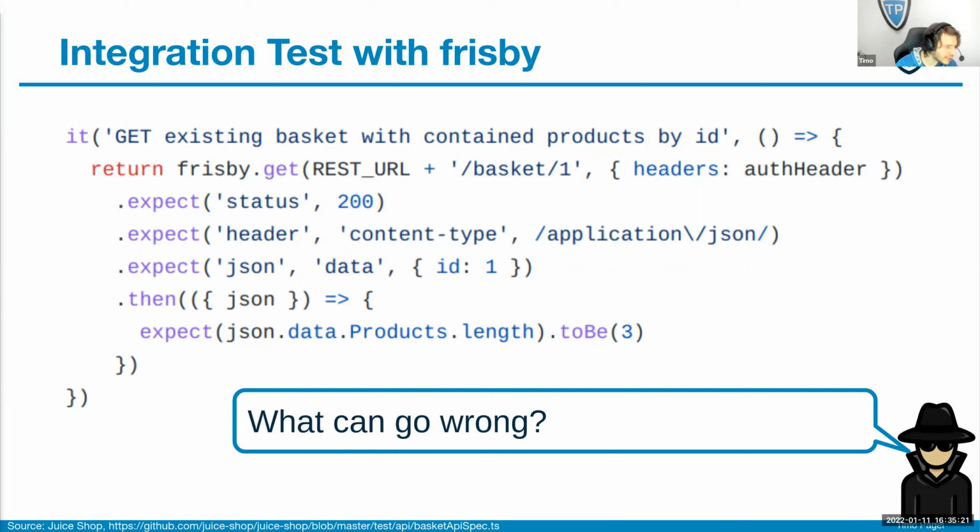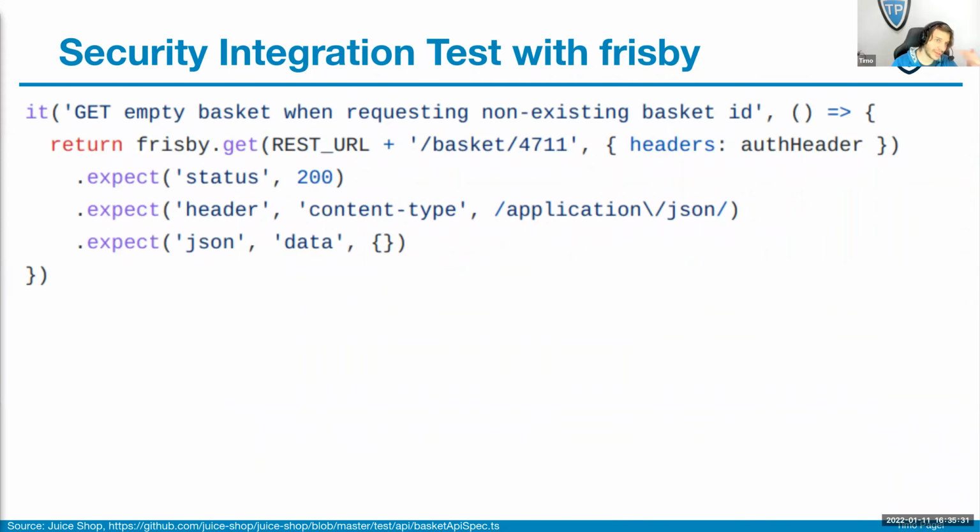Louis says trying to see the basket of a different user. Exactly. So we can enumerate the ID here, and one use case which is there is a get empty basket when requesting non-existing basket IDs. So we describe here what we expect when it's not existing. For sure, there are also tests for an existing basket of another user. And like this, you describe what you expect.